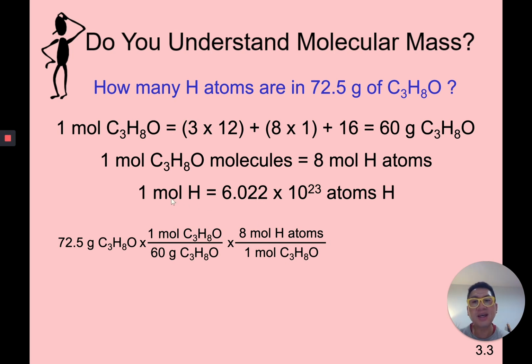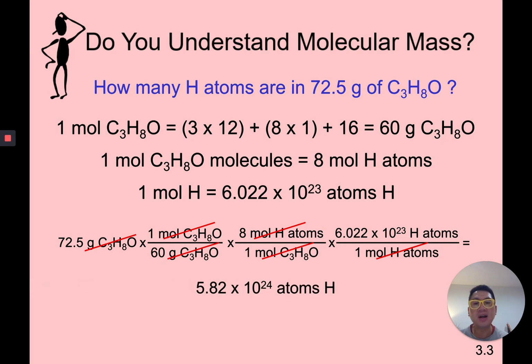And once I know that, I know 1 mole of hydrogen atoms is 6.022 times 10 to the 23rd hydrogen atoms. Moles of hydrogen atoms cancel. So the only thing left is hydrogen atoms, or 5.82 times 10 to the 24 hydrogen atoms.